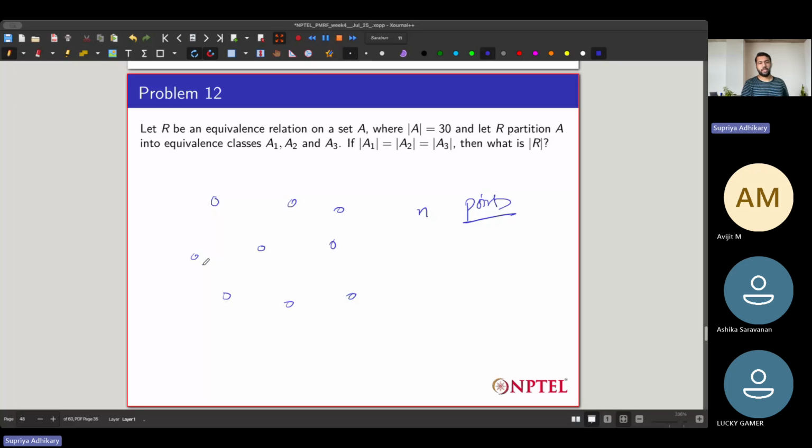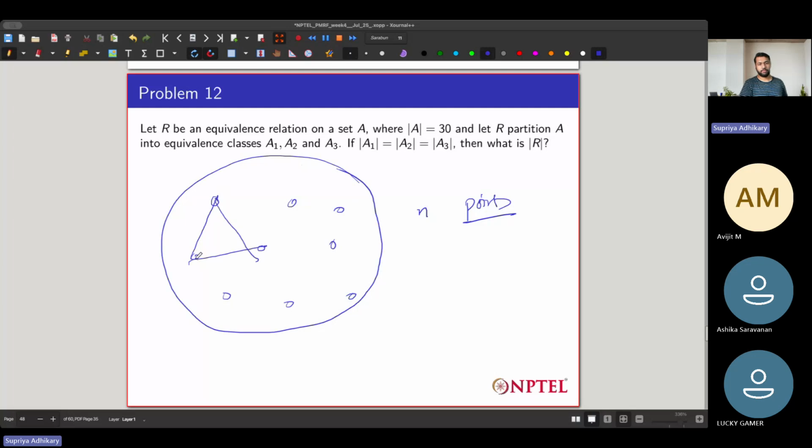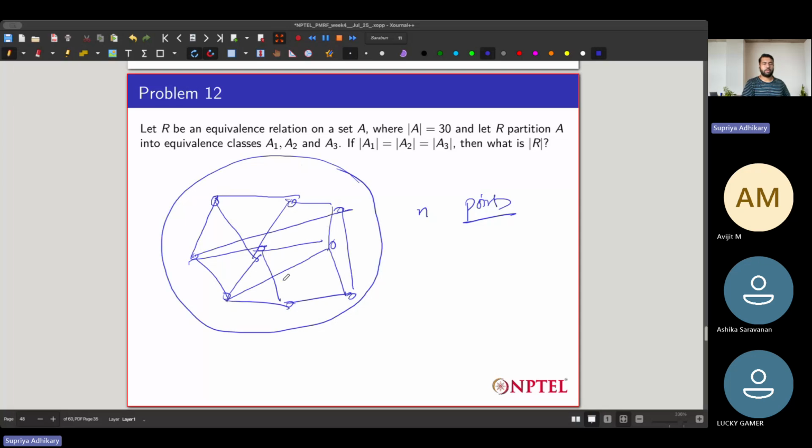Since these are all in the same equivalence class, we can consider all possible lines among them. And corresponding to each of these lines, okay, these are not all possible lines, I'm just giving an example. So this should also be a line, this should also be a line, and this should also be a line. So among each pair of these points there should be a line, and this line represents the pair A B in the relation R.